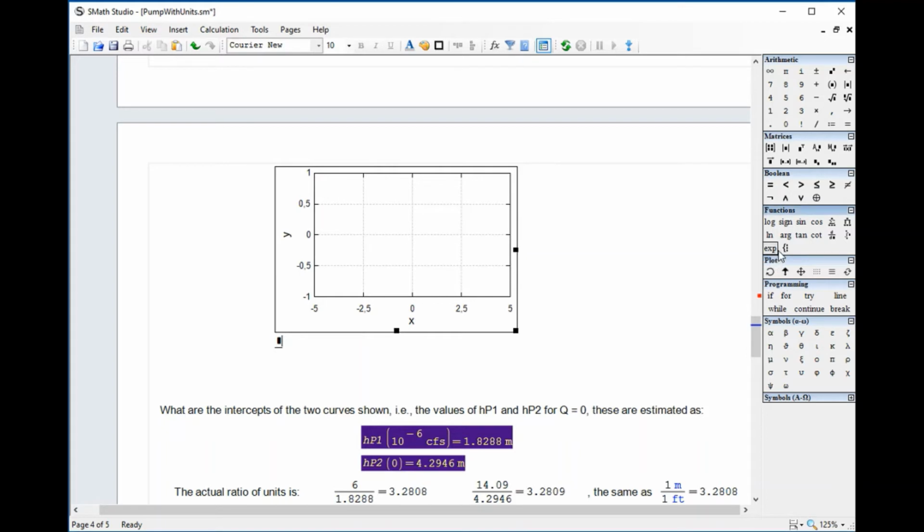Then we go to the system of values and type HP1 of Q. Because we want this Q to have units of CFS, we're going to say times quote CFS, and then HP2 of Q times quote CFS.